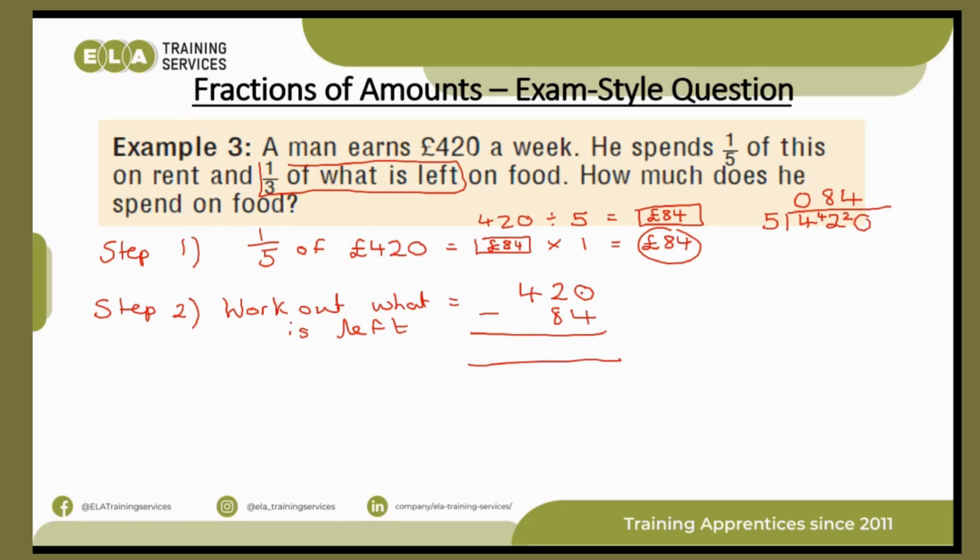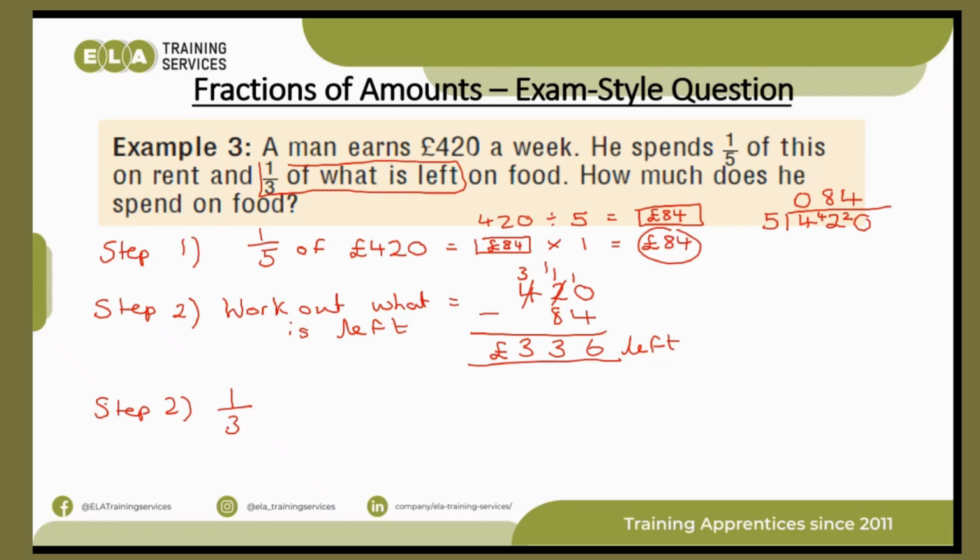So 0 take away 4 we can't do, so we need to borrow. 10 take away 4 is 6. 1 take away 8 we can't do, so we need to borrow from here. 11 take away 8, which is 3, and 3 take away nothing is 3. So 336 is left.